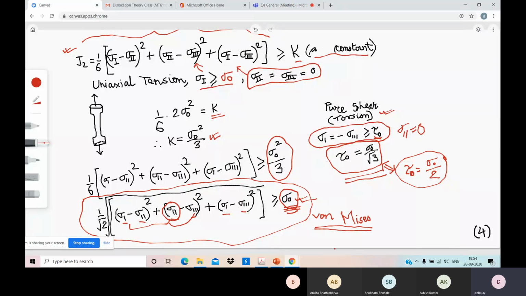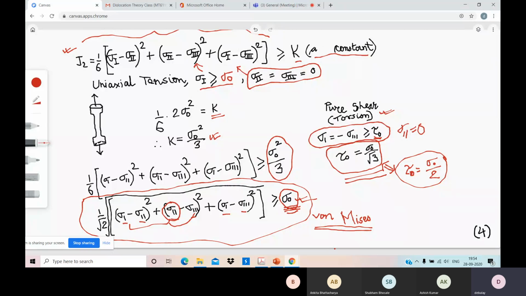So Tresca is less accurate, von Mises is more accurate. But Tresca also has a good thing: it is very simple. You need not do any mathematics, just by thinking verbally you can tell the answer. So simplicity is the power of the Tresca criterion, whereas better accuracy is the power of the von Mises criterion.